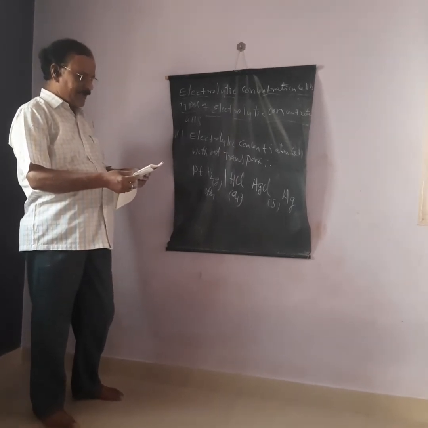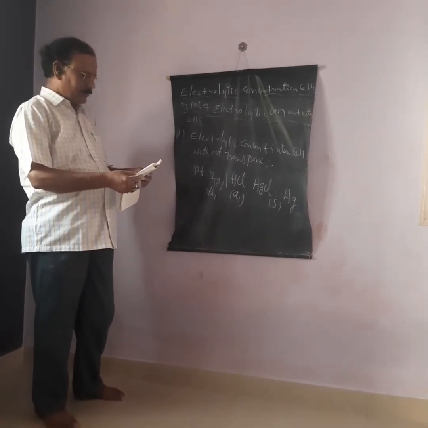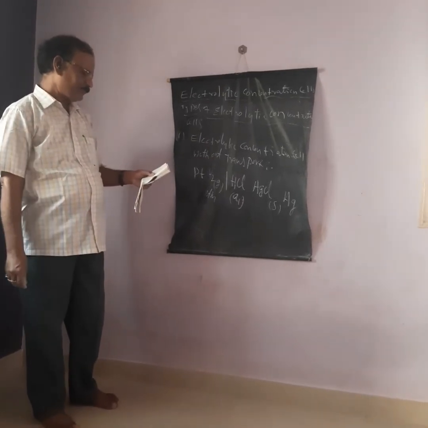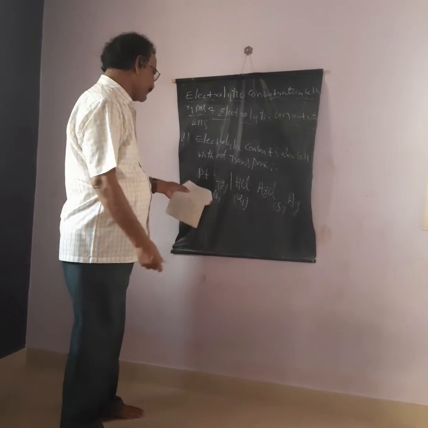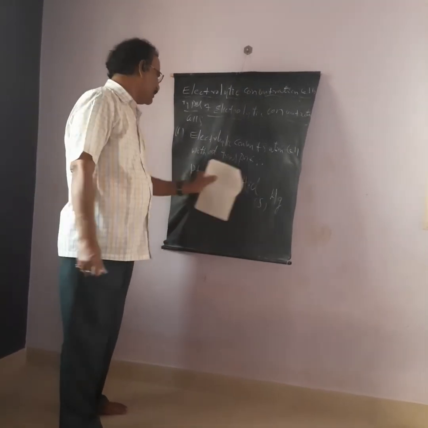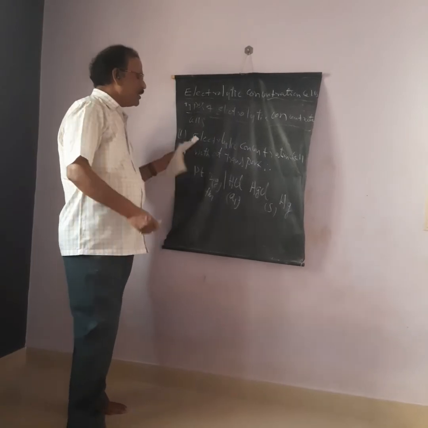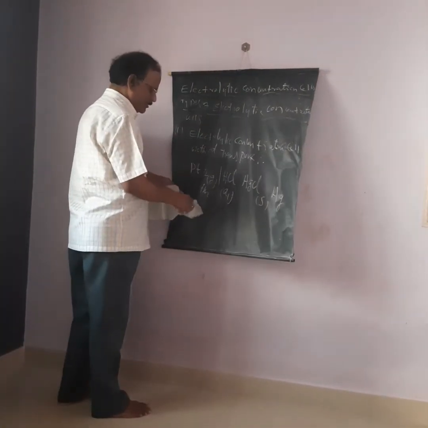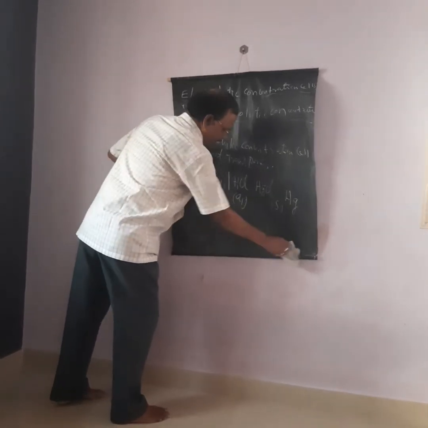The half cell reactions will be given by half H2 gas going to H plus. So in this case, this is one cell, and we can write two equations, an oxidation reaction and a reduction reaction.